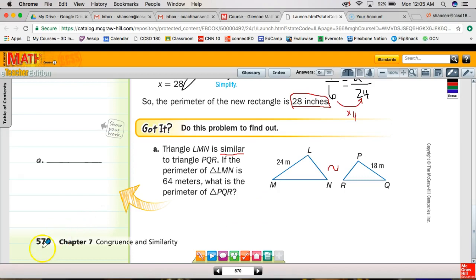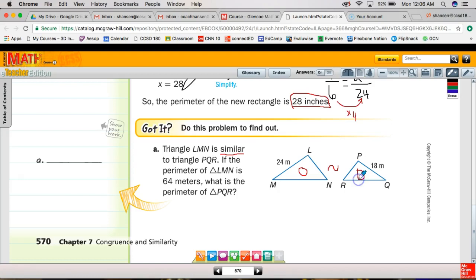All right, so let's take a look at a couple of different things about this. Just like in previous lessons, unless otherwise specified, I'm going to treat the figure on the left as the original, and the figure on the right as the dilation.